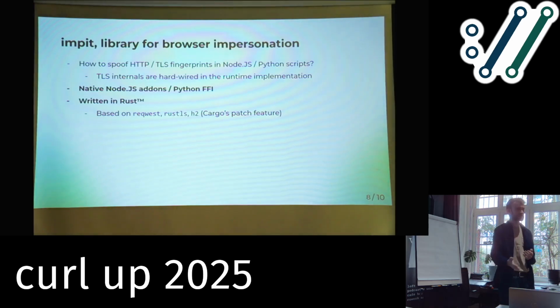And with this, Cargo's patch feature was a huge help for us. Don't know if any of you have any experience with Rust. It's basically, you have a package manager, right? And you can install packages from crates, which is their repository of packages.